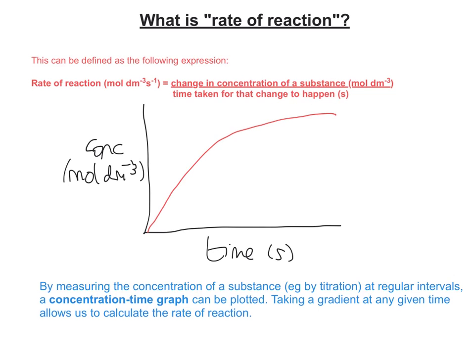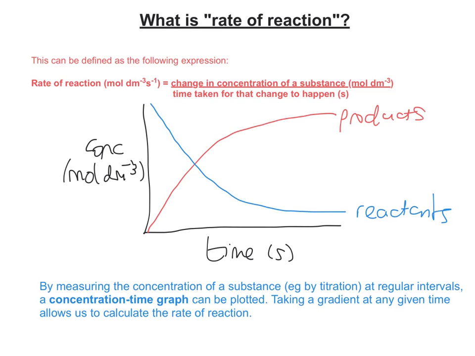And the reactant graph would look like that. So where they cross over, they happen to be in equal quantities. Equal concentrations, in other words.